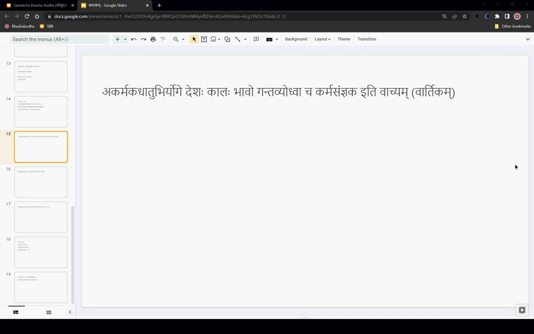Another example is with the bhavavachi. Bhava means action here. For example, mitram godohanam asti.